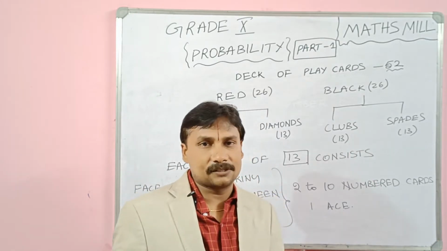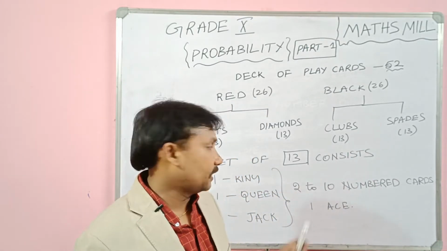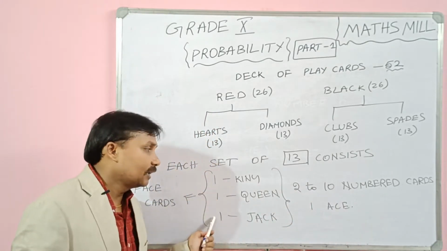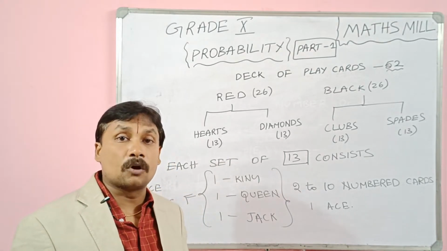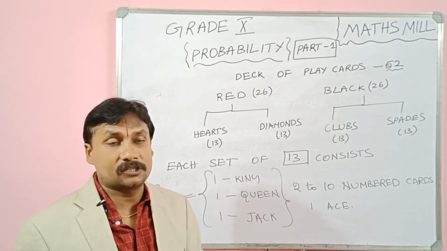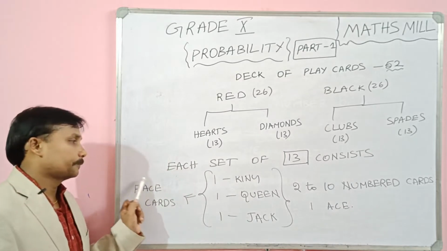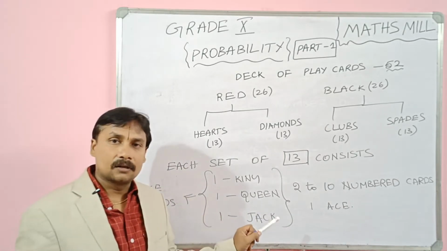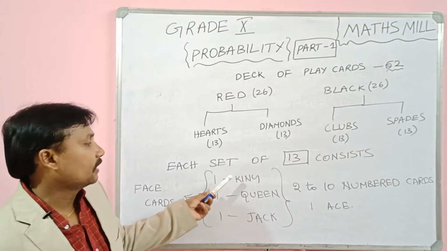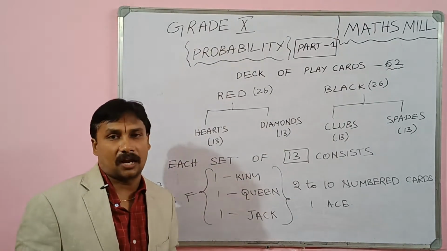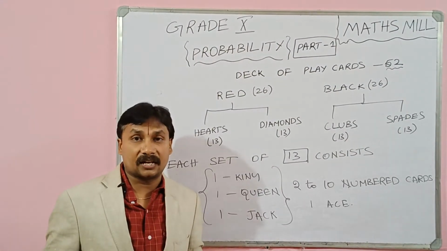Total 13: 9 numbered cards, 3 king, queen, jack, and 1 ace. Here one more word we have to discuss, that is face cards. Out of the 13 we have 3 face cards: king, queen and jack. These 3 are face cards.